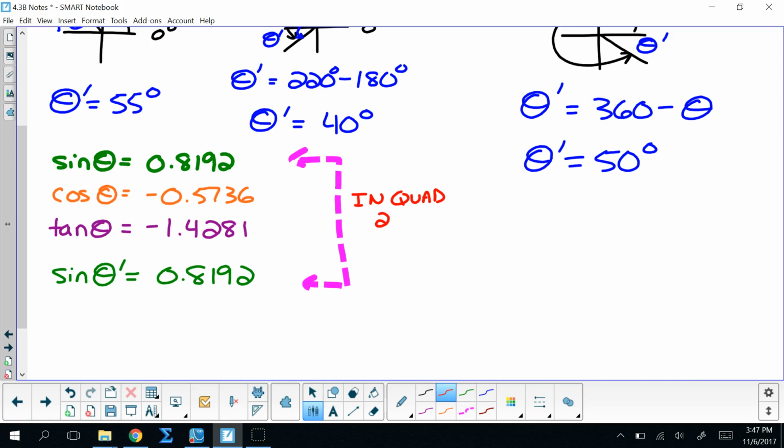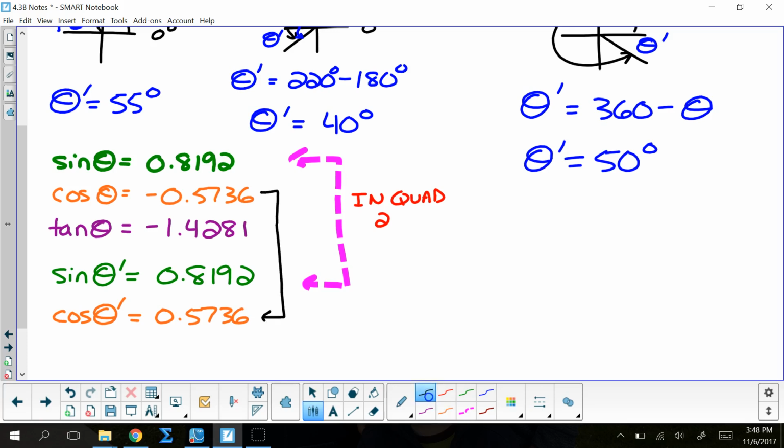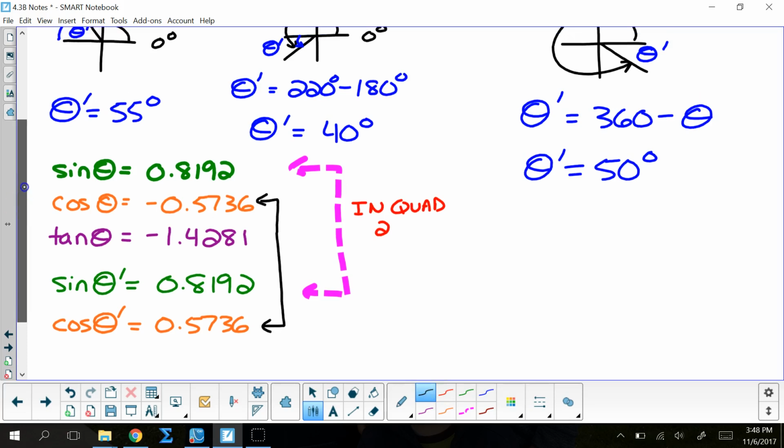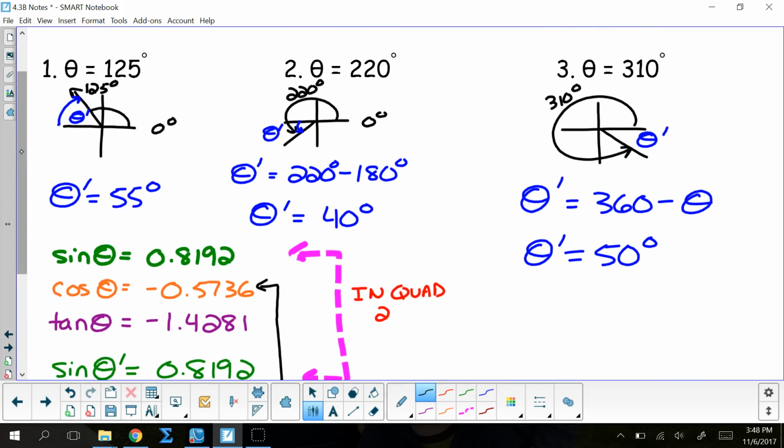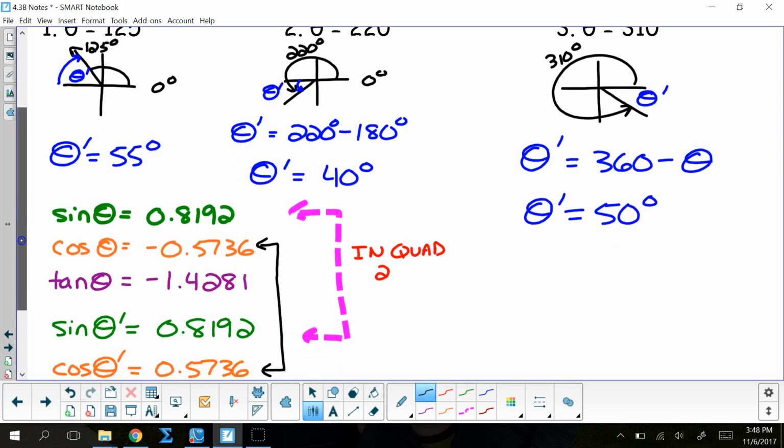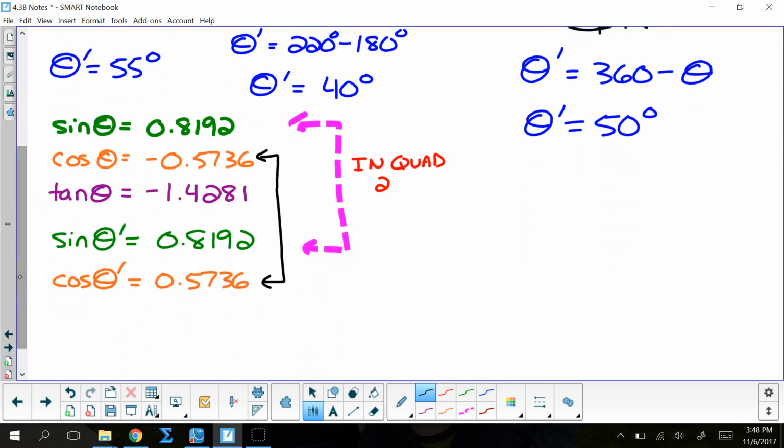The cosine of theta prime, so the cosine of 55 degrees, is positive 0.5736, which should be making some sense because these two should be opposite because we are in quadrant number 2: negative cosines according to my reference angle.